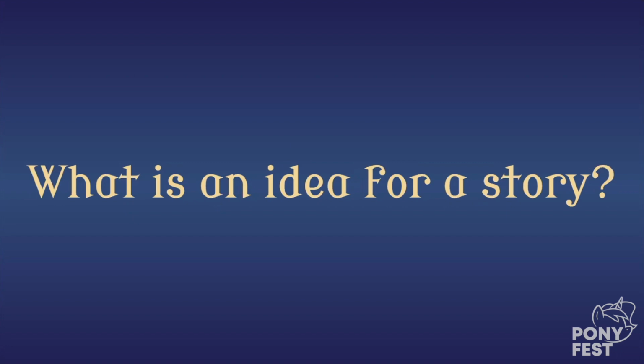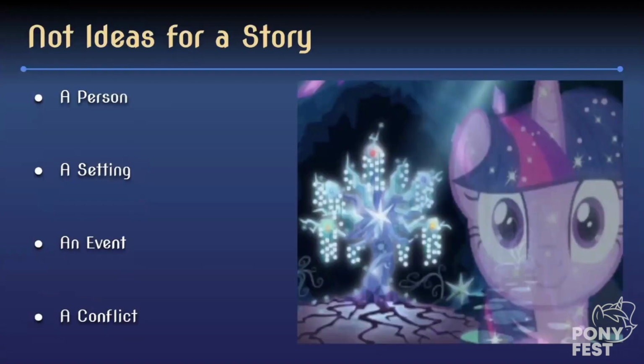All right, so when we're writing, if you look at the groups on fiction, you'll see that all the little forums will always have this clutter of people saying, oh, I have an idea for a story. What if Sonic the Hedgehog was in Equestria? And that's not actually an idea for a story.